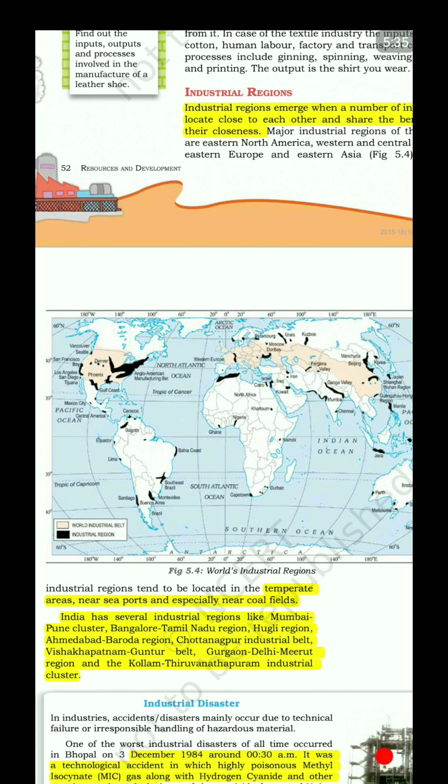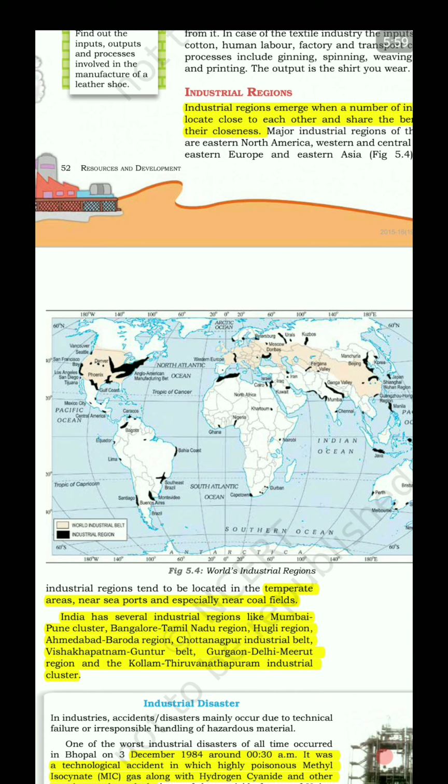And temperate areas ensure there is not much rainfall, so there is continuous availability, and there need not be many vacations or holidays for the laborers. And temperate areas also tend to be more flat.